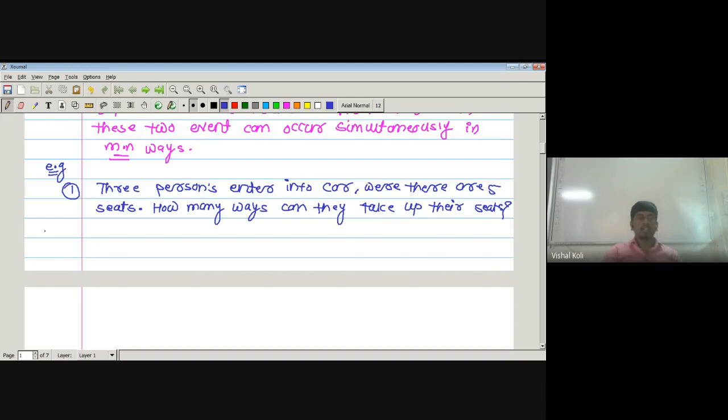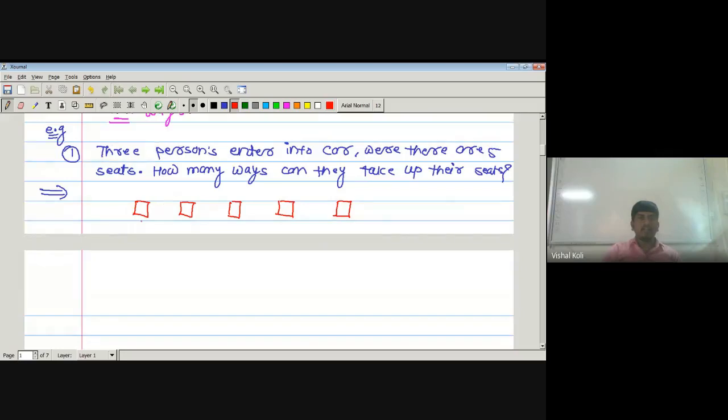their seats. Okay. Suppose there is a car and these are the five seats. This one is seat one, second, third, fourth, and fifth. Okay, so these are the five seats. Now there are three persons.